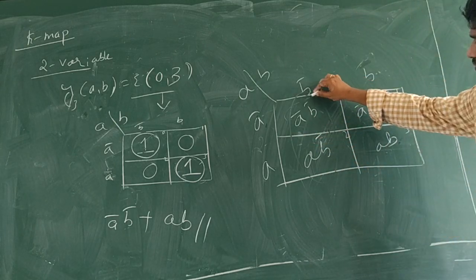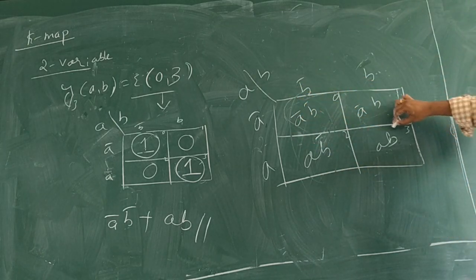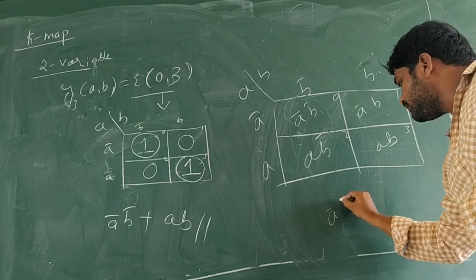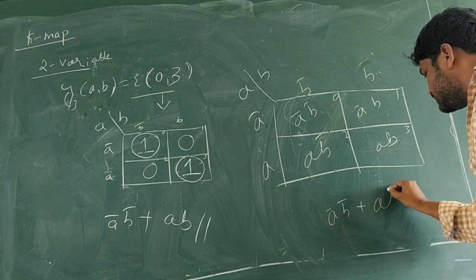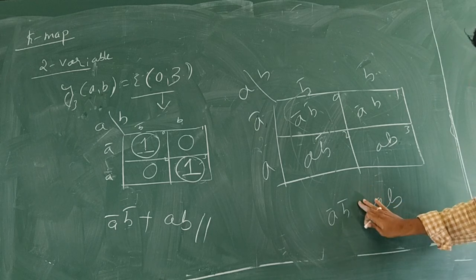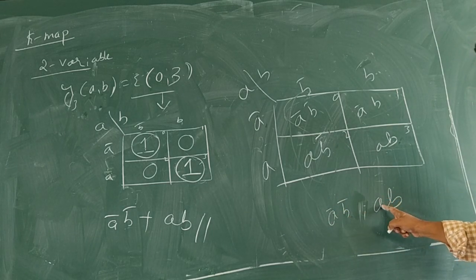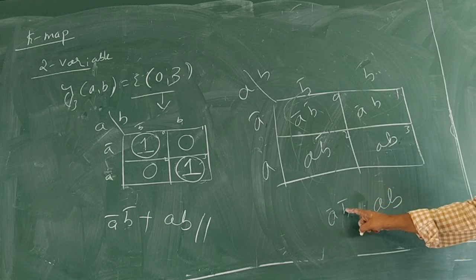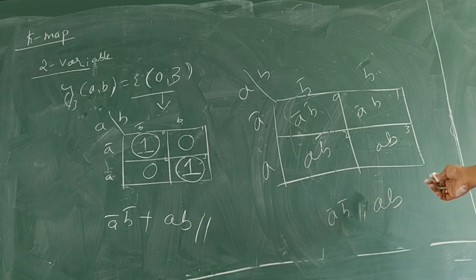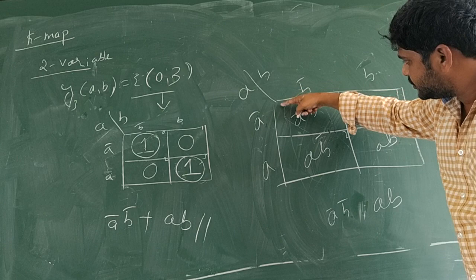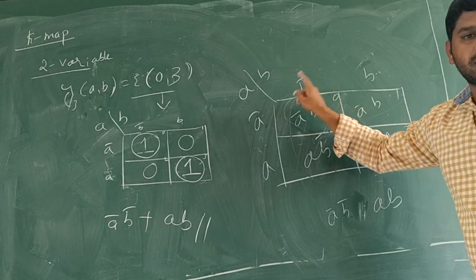So if we check 0 and 3, what happens? One side it is A bar B bar, one side it is A B. So compare this: A is different, one side it is complement, one side it is direct, and B is also different. Hence we cannot put 0 with 3 in a cover.